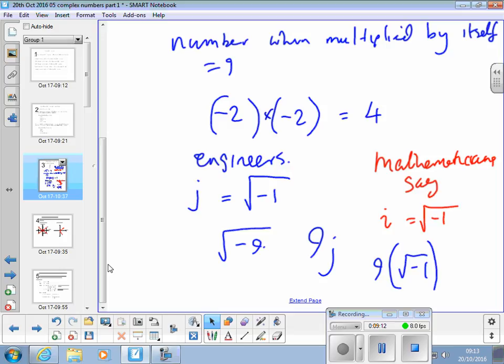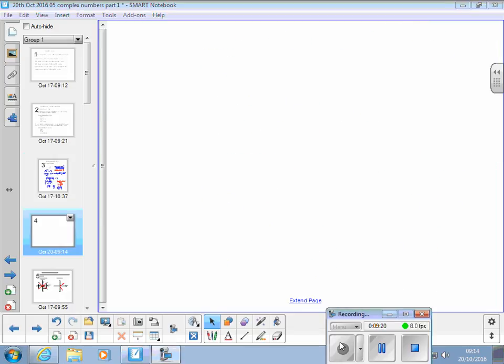I'm going to add another slide. Right. If we say j is equal to the square root of minus 1, what do you reckon j squared is equal to?